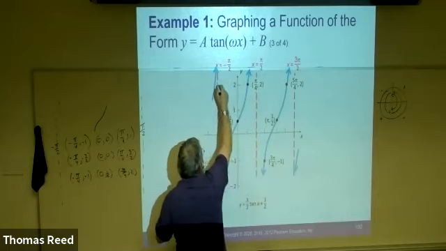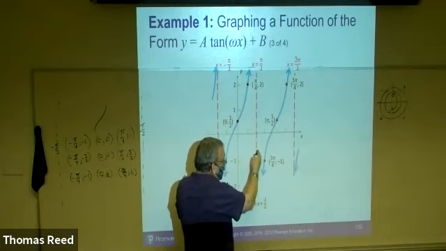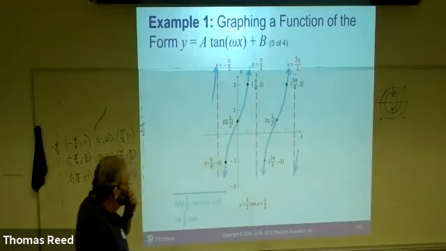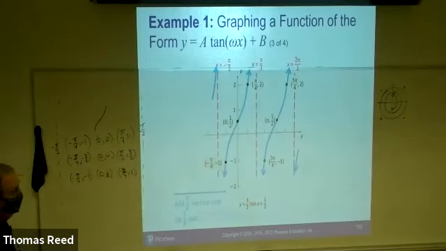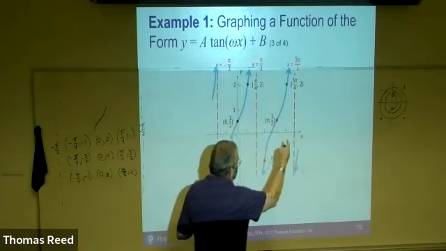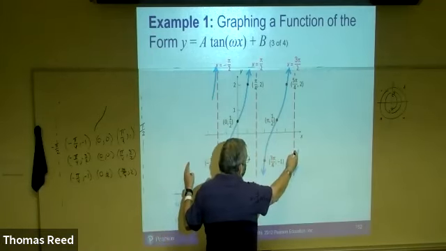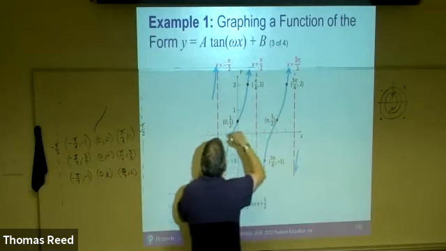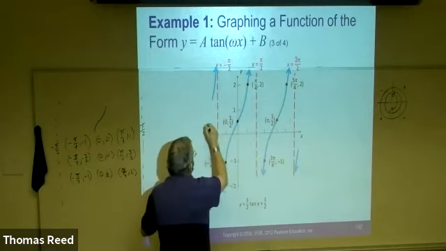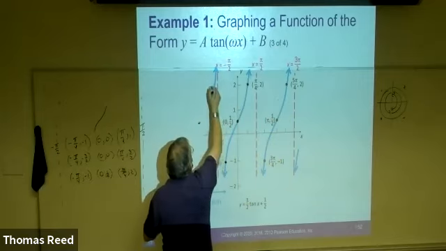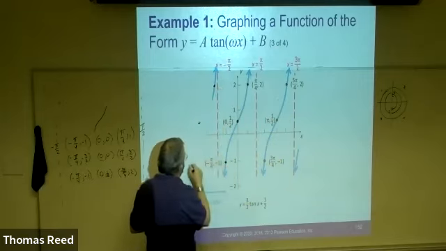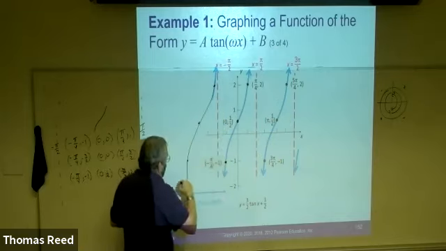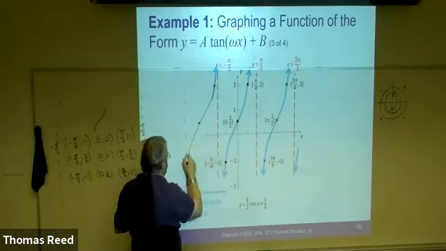And then I'd sketch in the vertical asymptotes first before I sketch in the graph. And then I'd sketch in the next and the previous vertical asymptotes and repeat these y values in here and down here as well. So this point would be here, and that point would be here, and so it would go like that with the asymptote over here.